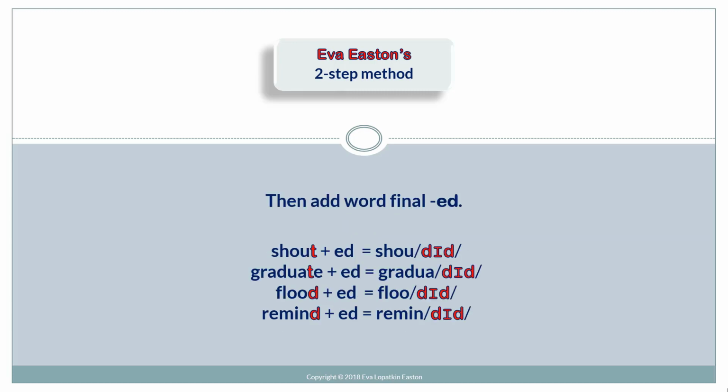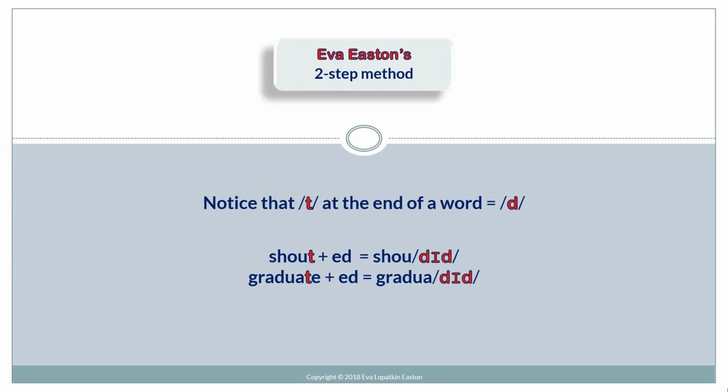Then add the word final ed. Shout, shouted. Graduate, graduated. Flood, flooded. Remind, reminded. Notice that t or d at the end of a word is pronounced id. Shouted, graduated.